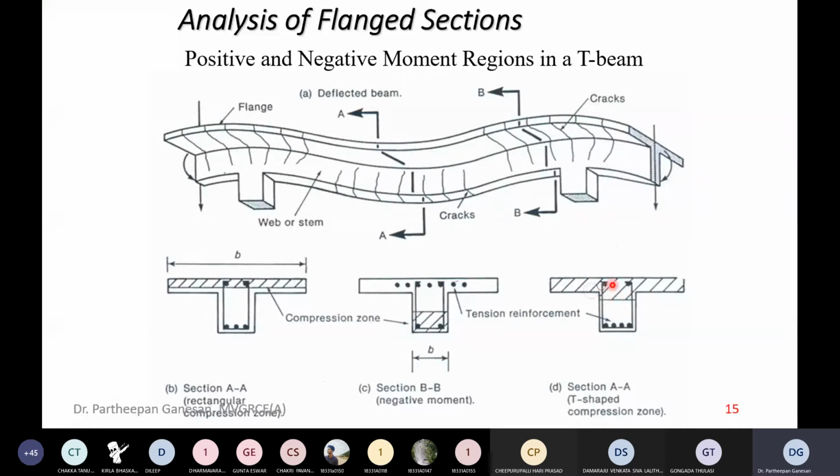So the compression zone will also take care of the compressive force. Because it is a sagging bending moment, the flange will act as a compression member. This slab will be a compression member. So this beam at the midspan should be designed as a T-beam.